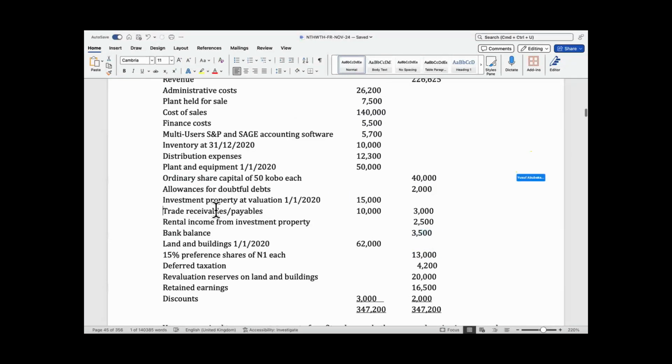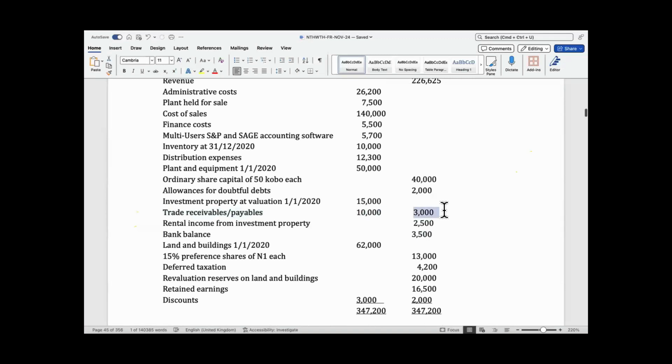Now, these trade receivables and payables. There's 10,000 and there's 3,000. Which one is receivables here, and which one is payables? The debit side is receivables, and the credit side is payables. Debit side is asset while the credit side is liability.